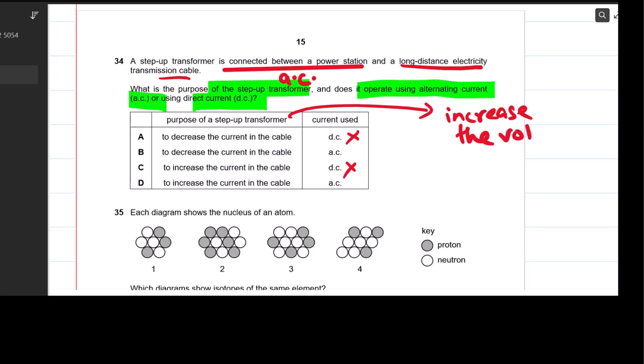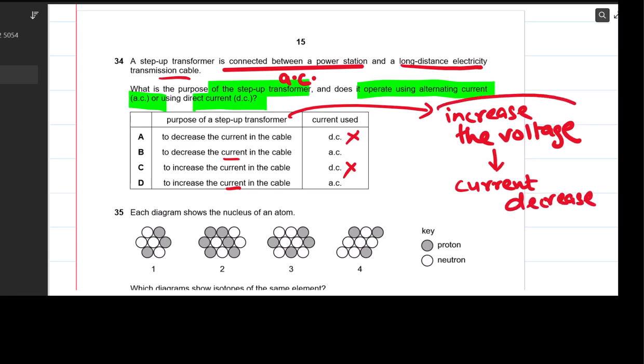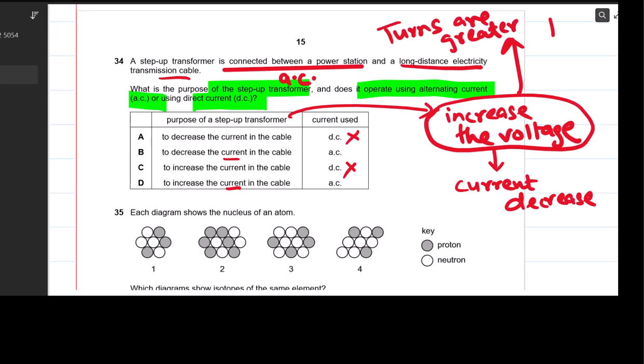But here they are talking about current. So if voltage is increasing, remember current decreases. Current decreases because if voltage is increasing, it means turns are greater. If turns are greater, it means resistance is greater. If resistance is greater, it means current is smaller. So to decrease the current in the cable, and AC, so B is right option.